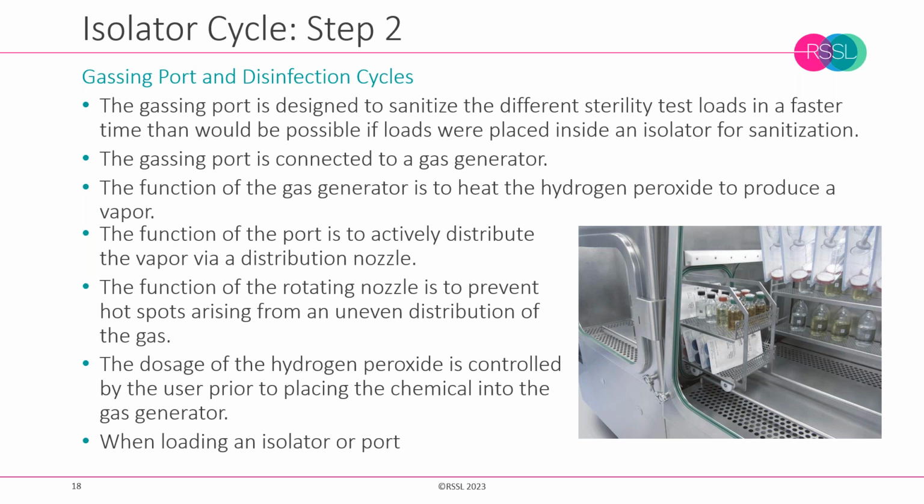And it's important then that whether we're talking about the bigger isolator or the mini isolator, that the distribution of the hydrogen peroxide vapor is undertaken using some form of rotating nozzle, and then also distributed through the use of fans, because we need to make sure that the hydrogen peroxide vapor is reaching every nook and cranny within the isolator.